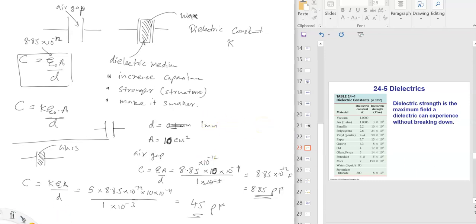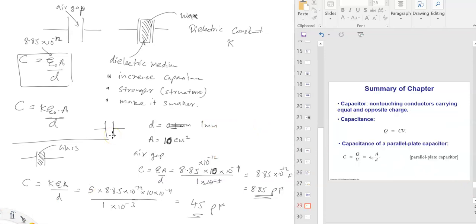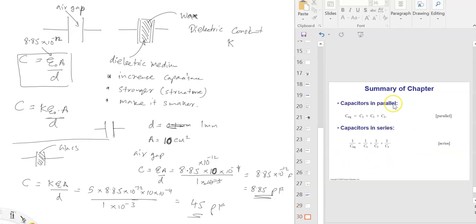With that, let me see whether we have anything else we need to discuss real quick. So with that, we come to the end of the discussion of capacitors. So here's a brief summary of what we discussed. Capacitance given by this equation: parallel plate capacitor, capacitance equals epsilon times A over D. Capacitors in parallel, you just add the numbers.